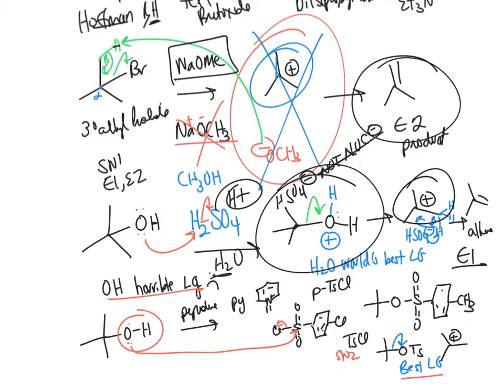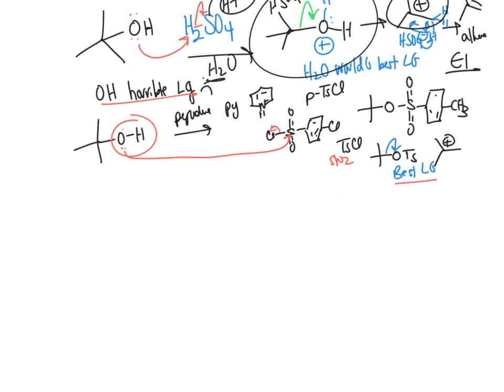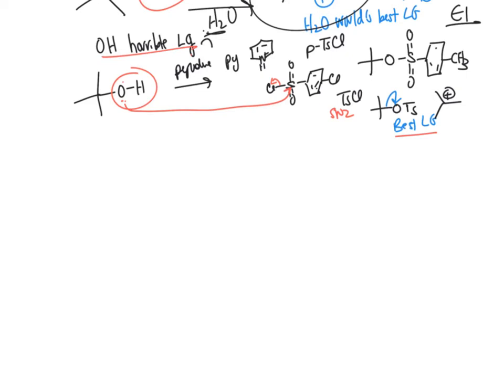Other than that, a lot of times it's just going to be a secondary alkyl halide, and if you have a strong base, then it's going to be an elimination product. Compounds like, okay, so here's a secondary, and you have sodium iodide.